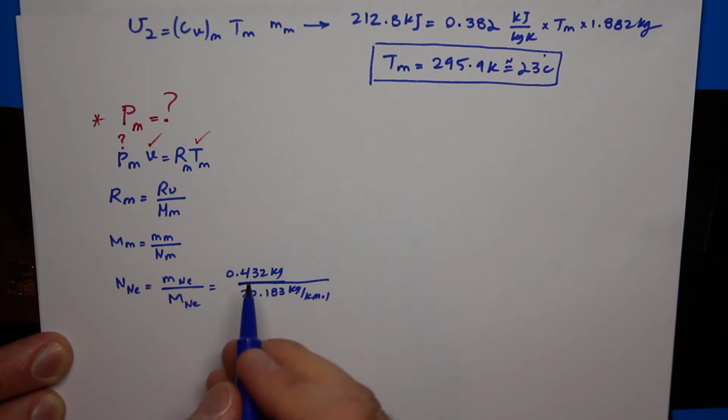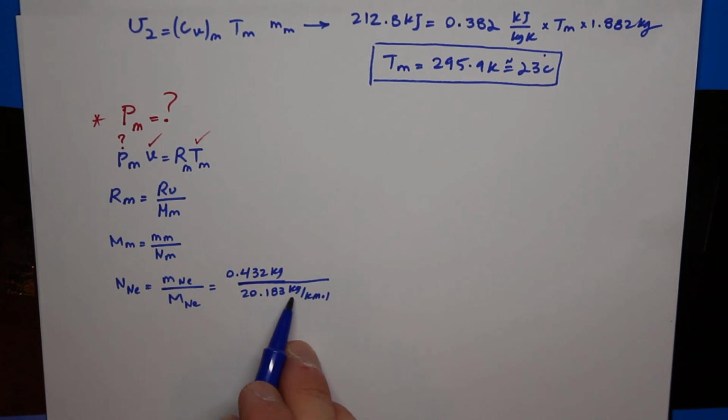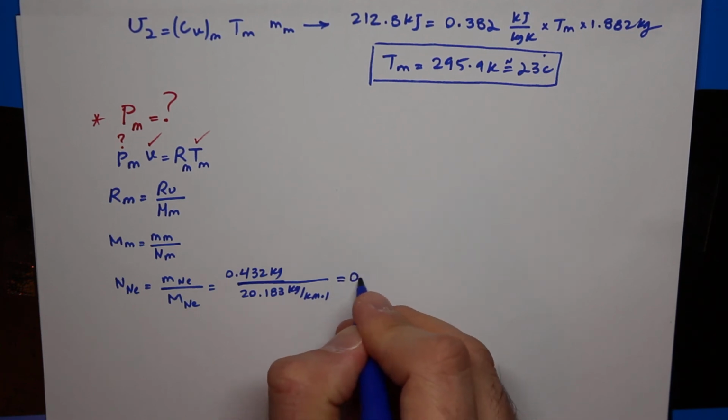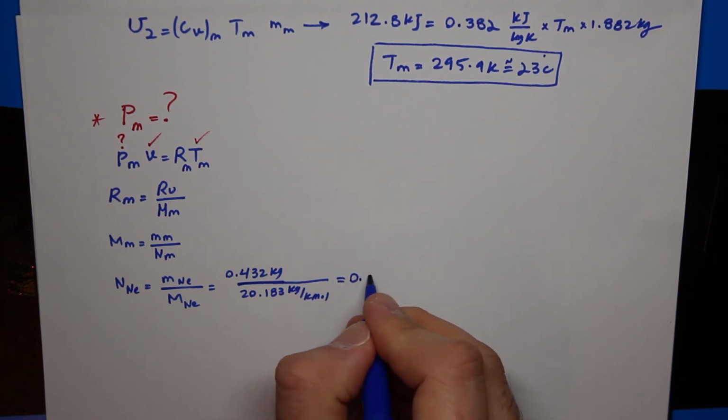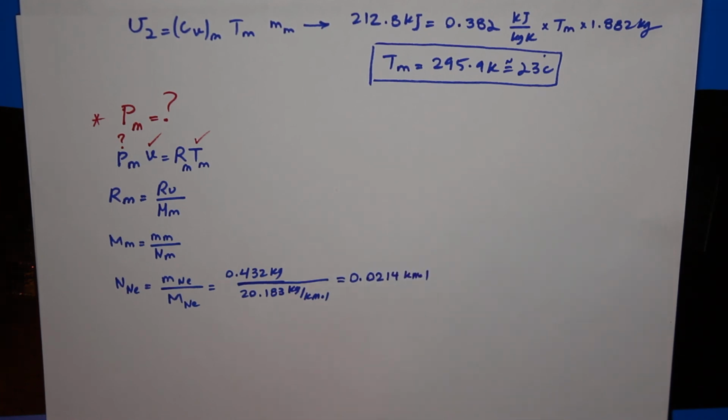So this number says each 1 kilomole of this gas, neon gas, has 20.18 kilogram of mass. And if I do the calculation, it gives me the number of moles equal to 0.0214 kilomole. So this is the number of kilomole of neon we have in this tank.